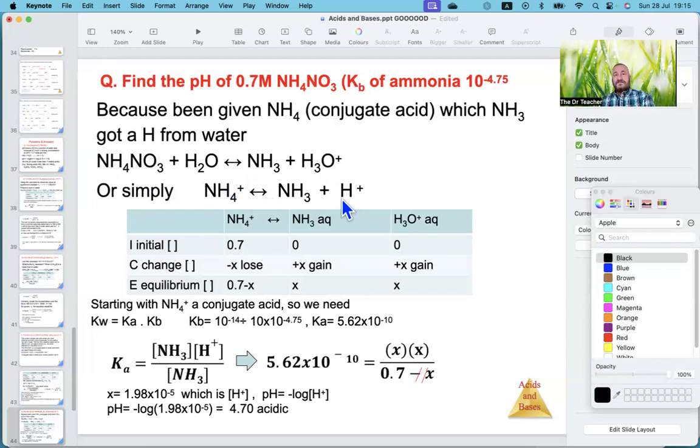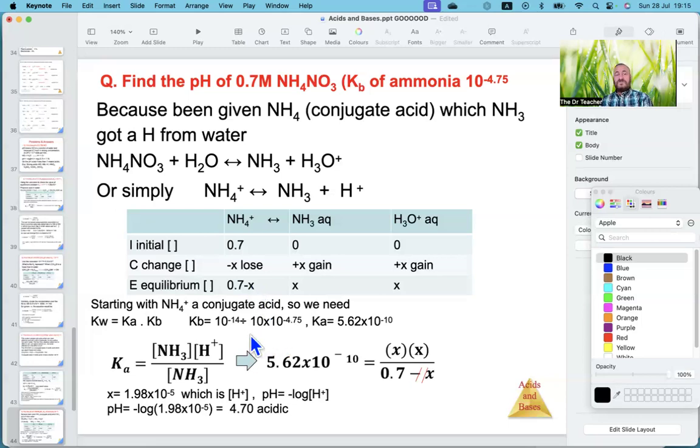Now, it's been given the Kb. Anyway, we go with the ICE table: initial concentration, change in concentration, and equilibrium. So 0.7 initially, we lose x in the change, and x and x are gained. After equilibrium, we have 0.7 minus x. If you divide 0.7 by the Ka, it will give you a very large number, so you ignore minus x.